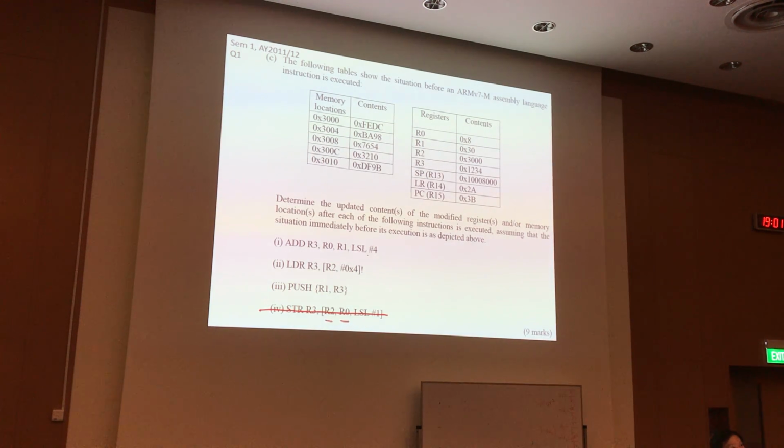Then you should remember your operand 2, and operand 2 is this part itself. So this whole thing is operand 2, meaning that you get the value by taking the value in R1 and shifting it to the left by 4. The other number that you're adding is the value in R0, which is 8.